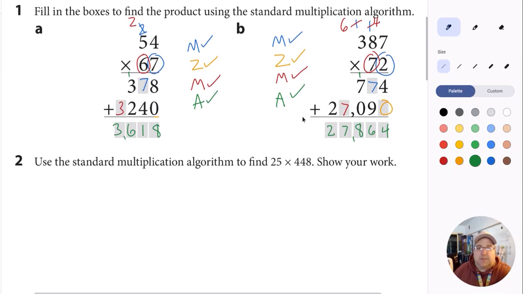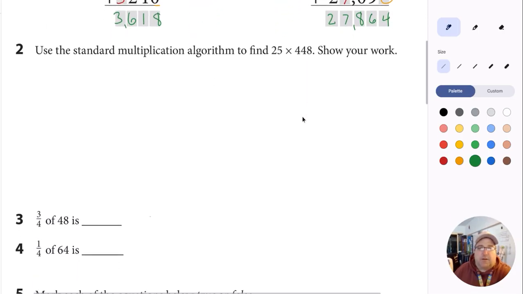Next, we have to set up our own problem. Use standard algorithm to find 25 times 488. And we have talked in class, if we have a 2-digit by a 3-digit, it's a little easier. Just put that 3-digit up top, so the larger number up top. 488 times 25. And actually, you know what?